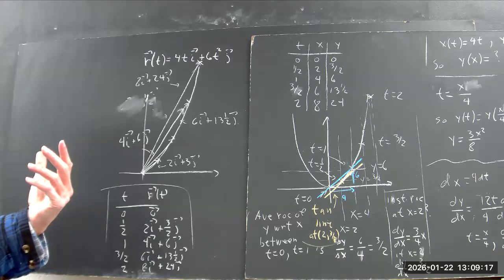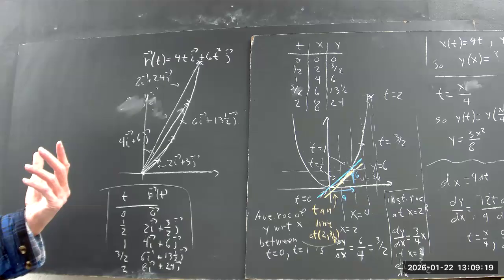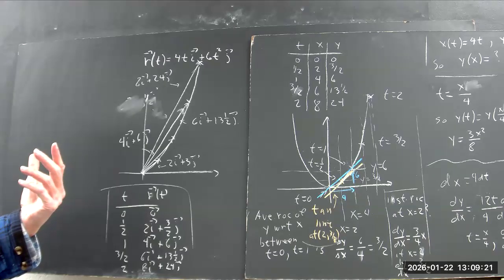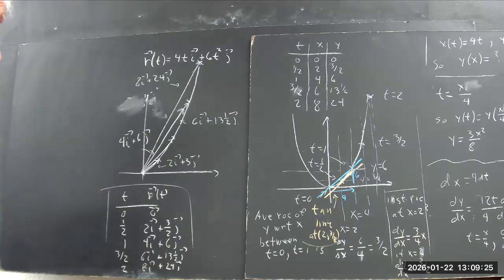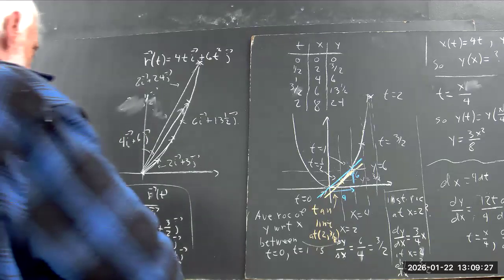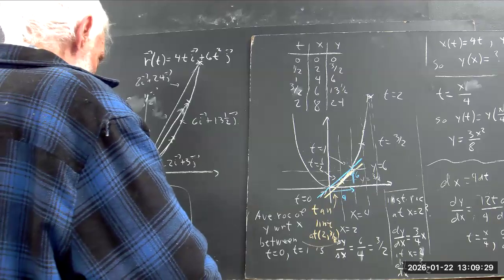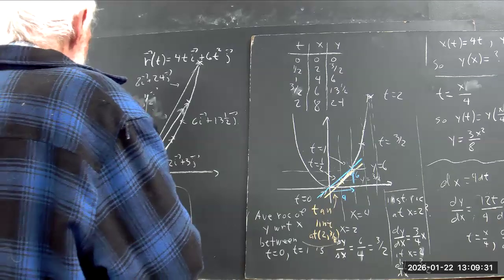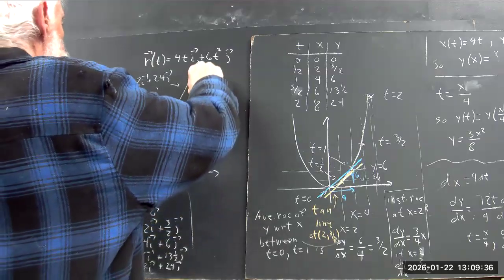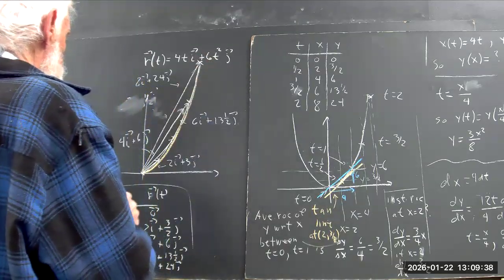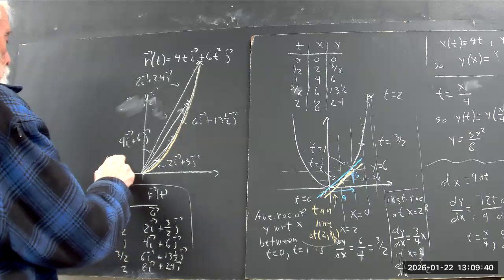Okay. The three x squared over 8 function. But now we think of motion along this path. And again, this is t equals 0.